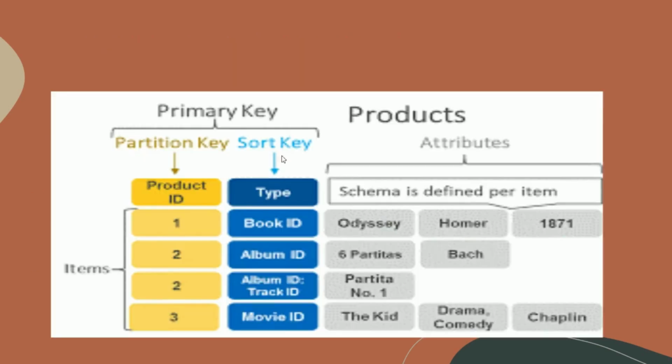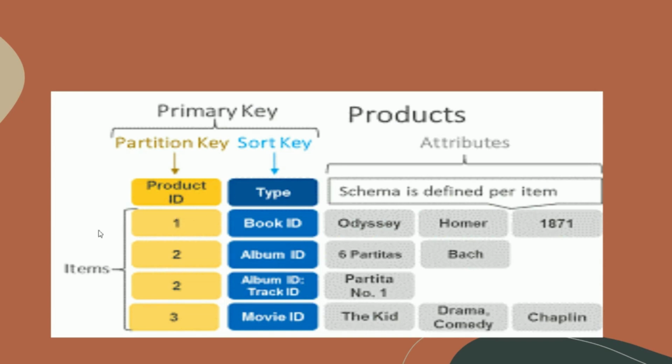So here is a pictorial representation of how DynamoDB works. Your table is the complete overview of everything here. Then we have our primary key, which we said in the previous slide consists of a partition key, and the sort key could be optional sometimes. So you have your partition key, which is the product ID here, and then we have items.